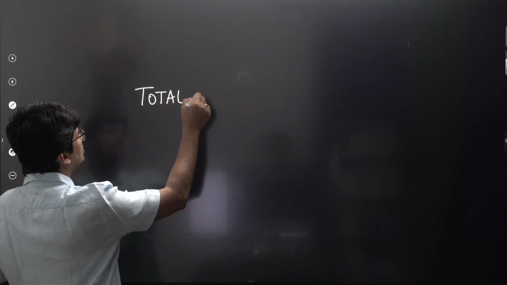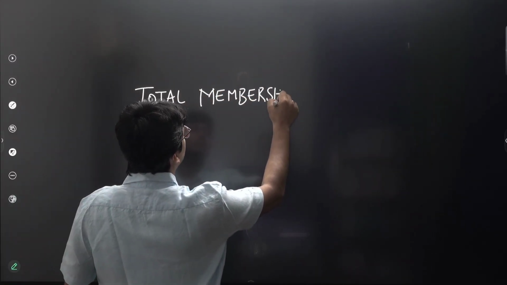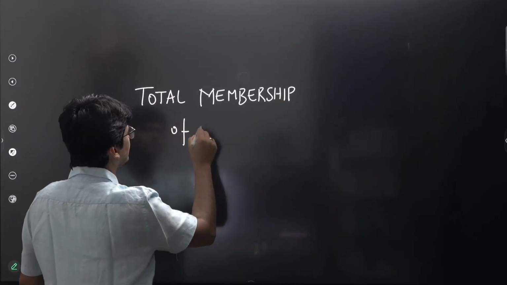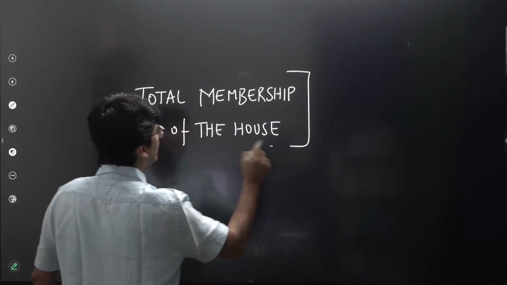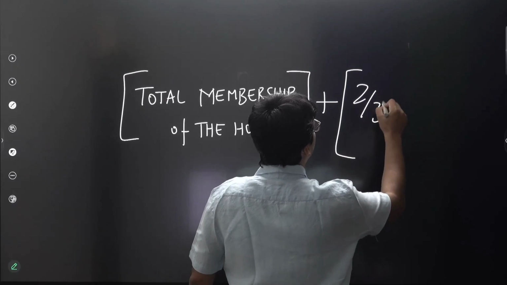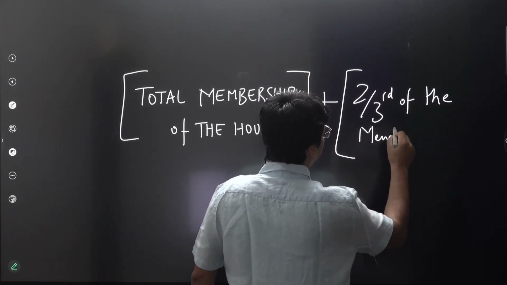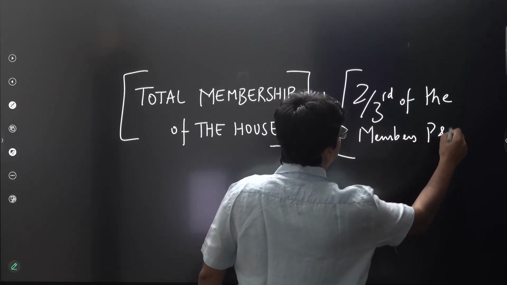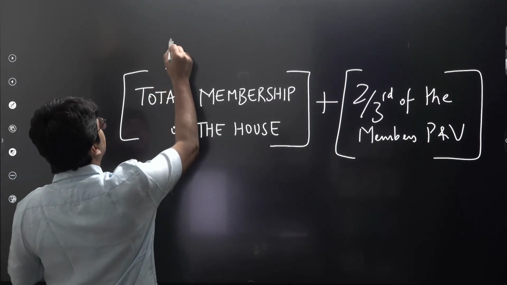And here the word generally used is total membership of the House, plus 2/3 of the members present and voting. So this is your type 2 special majority mentioned under Article 368.